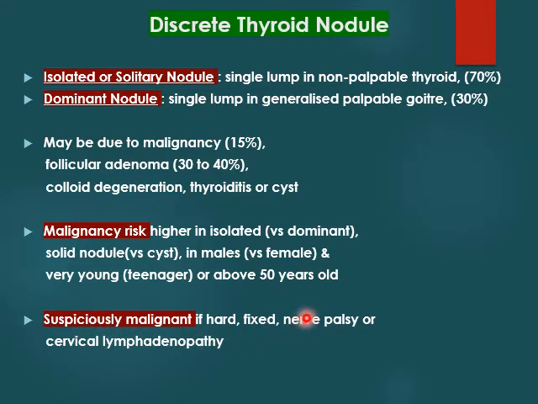These are the risk factors for malignancy in thyroid nodules. A nodule is suspicious for malignancy if it is hard, fixed, with nerve involvement such as recurrent laryngeal nerve palsy, or cervical lymphadenopathy. So if a patient has a palpable nodule that is hard, fixed, with nerve involvement or cervical lymphadenopathy, the chance of malignancy is higher.